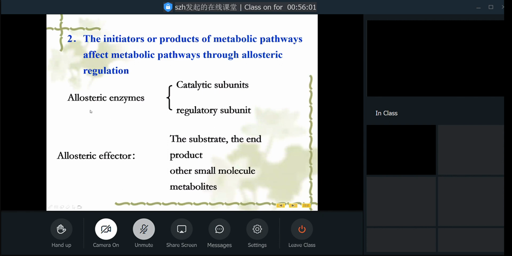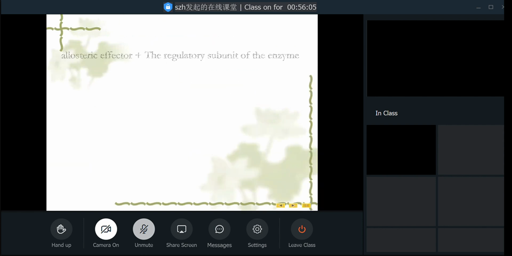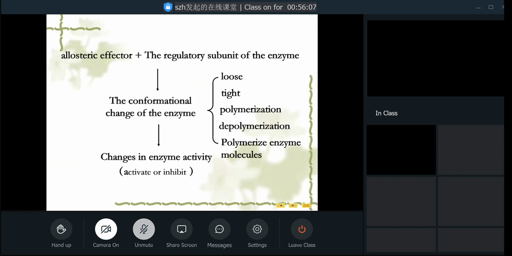There are two parts, the enzyme and the effector, inhibitor or activator. The allosteric effector binds and regulates the enzyme, making the enzyme's higher-order structure, its three-dimensional structure, change. At that time the enzyme's activity changes.